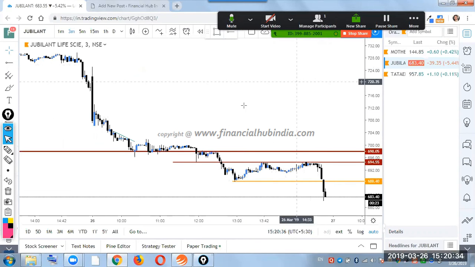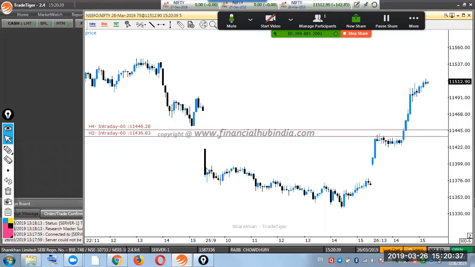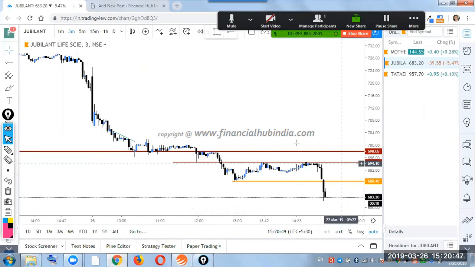You don't need to, actually, and this is a live example. You can see the Nifty trading at the day's high with very bullish momentum in it. The stock is not really responding to that momentum at all.